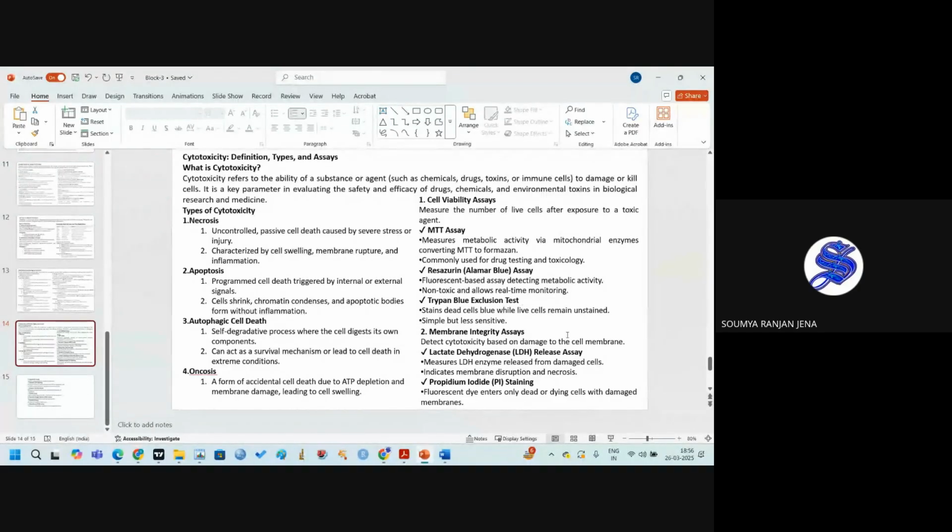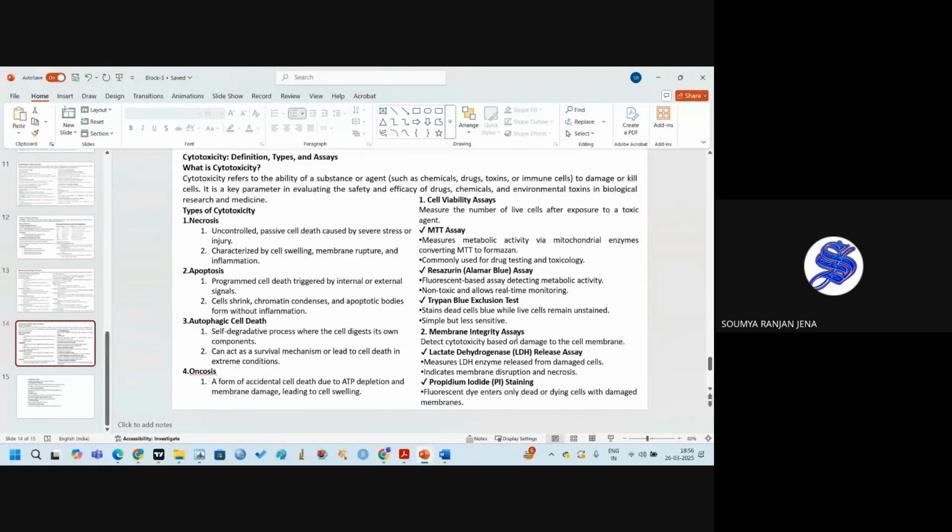Different membrane integrity assays detect cytotoxicity based on damage to the cell membrane. You can use a scanning electron microscope to see the cell membrane integrity, whether any pore formation occurs or not.